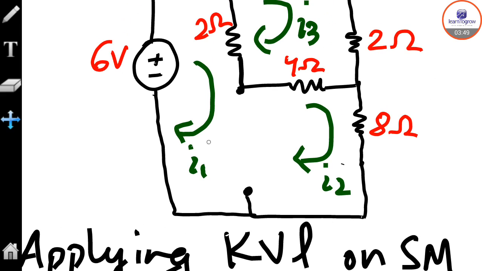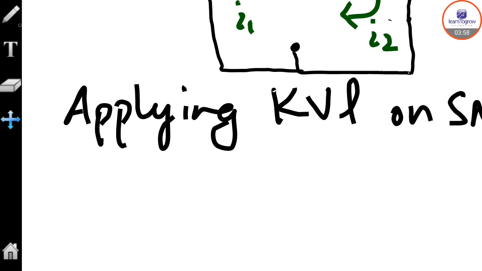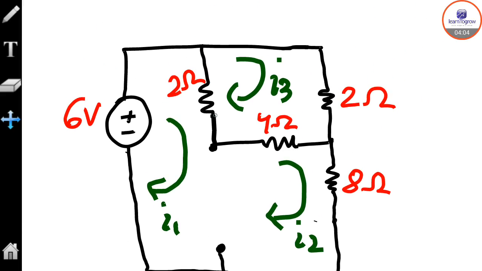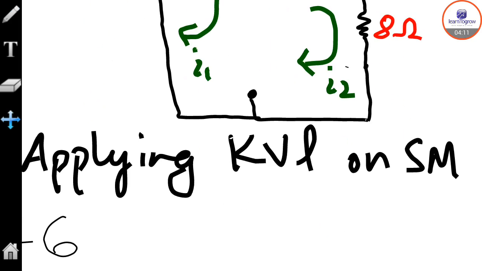So according to direction, here the minus sign comes first. This whole is a mesh, a loop. Minus 6 first. Then this is in loop mesh 1 at that time, so 2 I1.